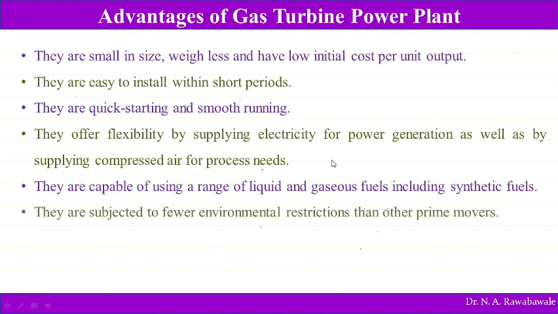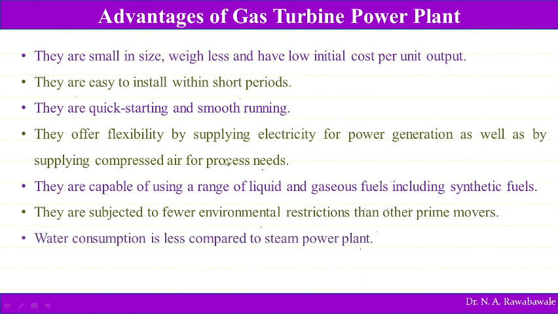Then they are subjected to fewer environmental restrictions than other prime movers. Environmental restrictions or norms are fewer, that means the restrictions compared with other power plants are less for this gas turbine power plant. Then water consumption is less compared to a steam power plant.